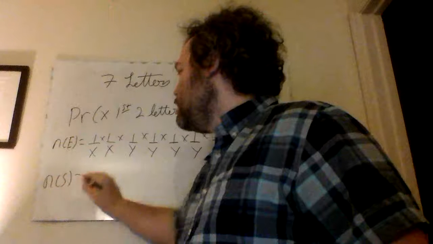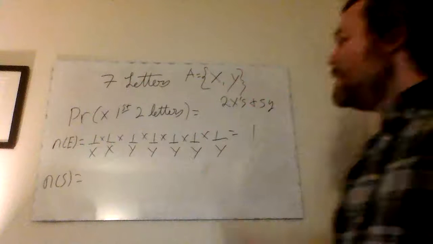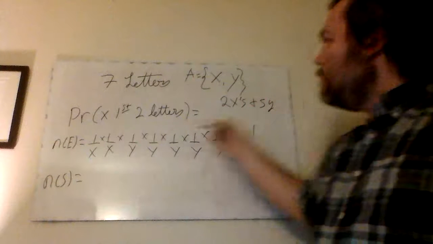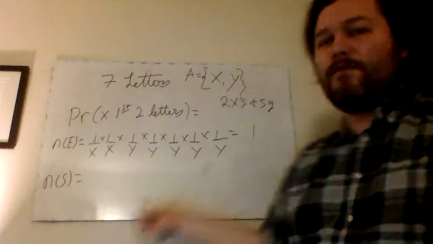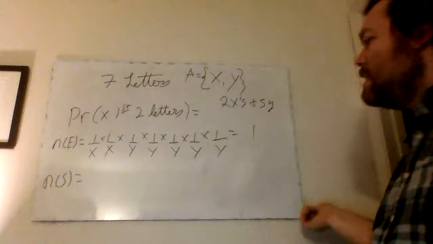The confusion with the sample space is that if you have 2 X's and 5 Y's, I don't know, is it 7 factorial? I can't tell.